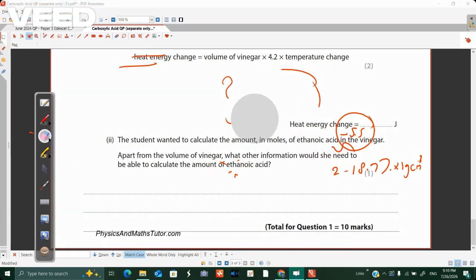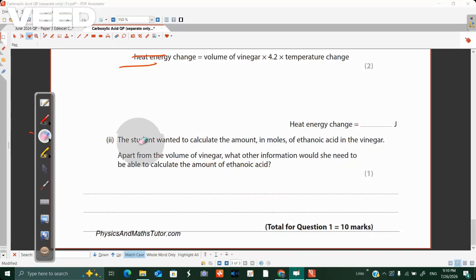The student wanted to calculate the amount in moles of ethanoic acid in vinegar. Apart from the volume of vinegar, what other information would she need to be able to calculate the amount of ethanoic acid?